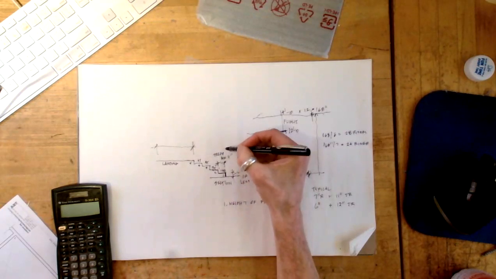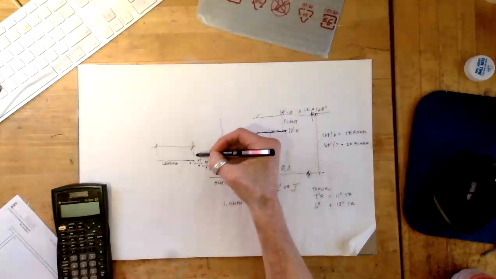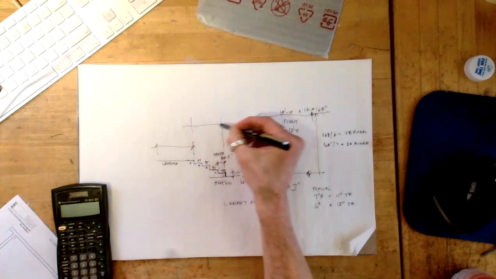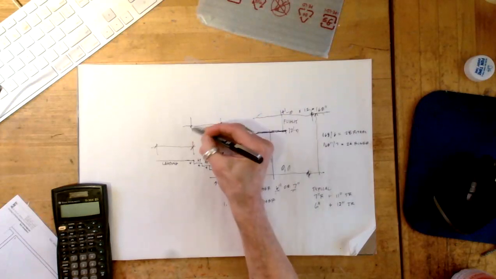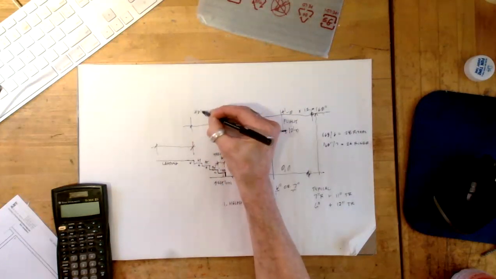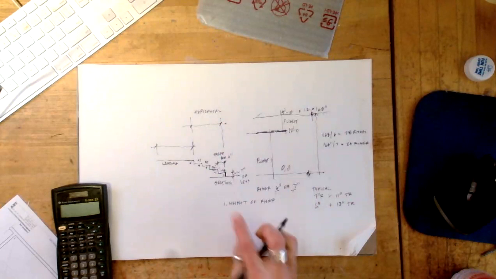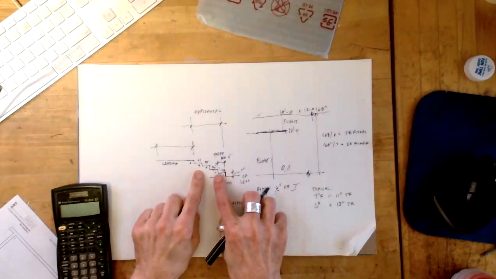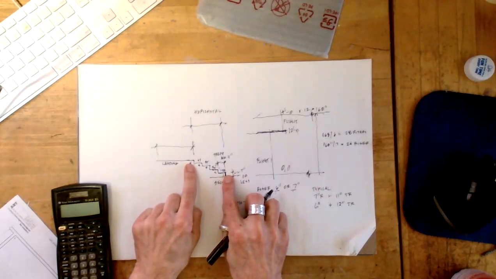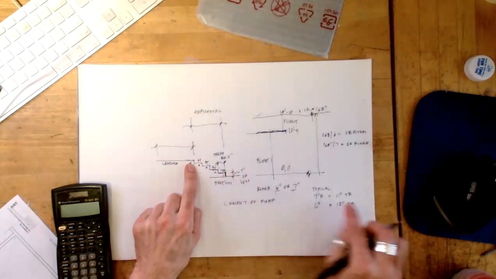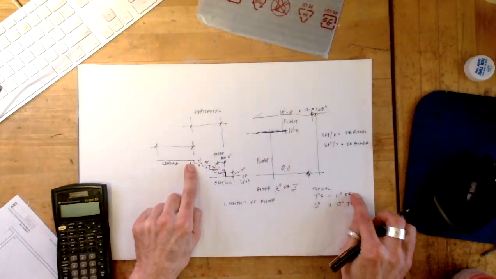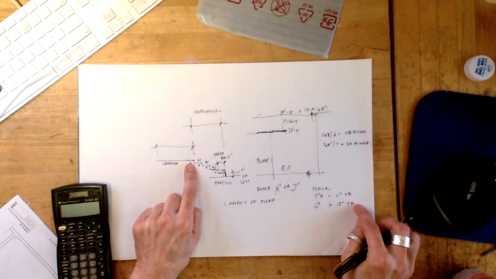So the horizontal projection of the stair is going to be the number of treads that cover that distance times the depth of the tread.